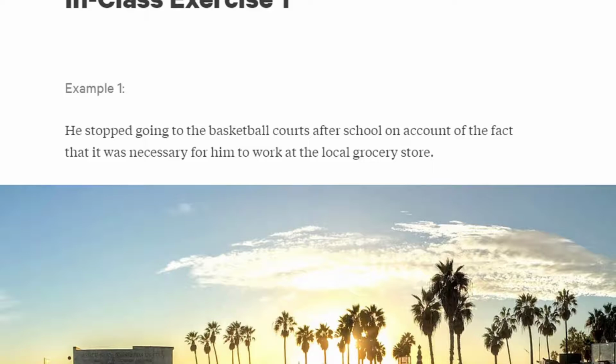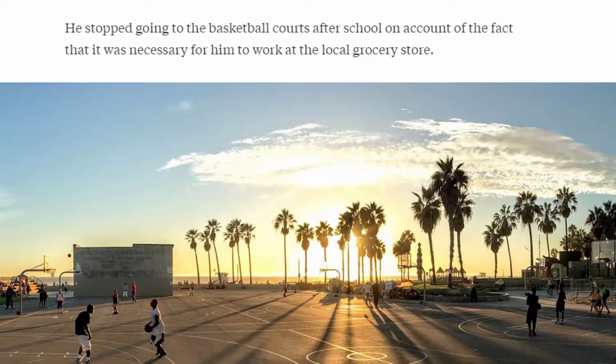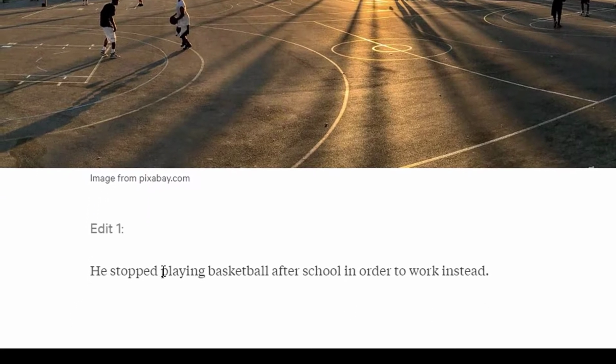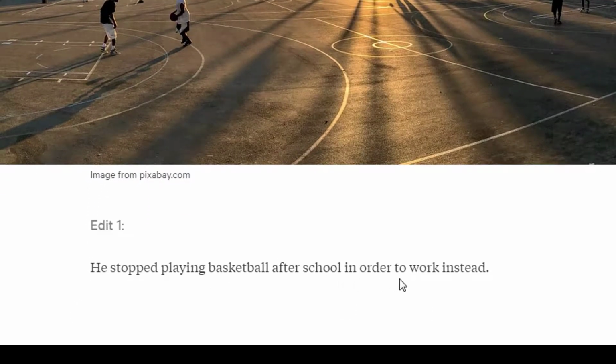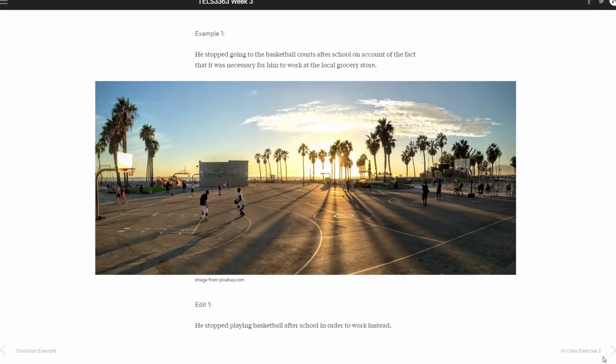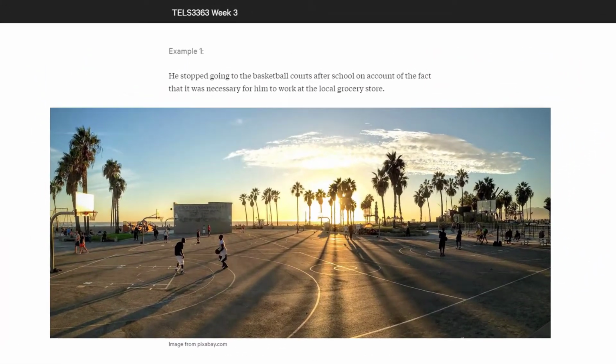What would you suggest? We've done this a couple of times in class and we've gotten down to the typical answer: he stopped playing basketball after school in order to work instead. Got rid of all the extra words, got rid of the things that were stated more than once, and it still says everything that we needed to say. Very nice, concise review.